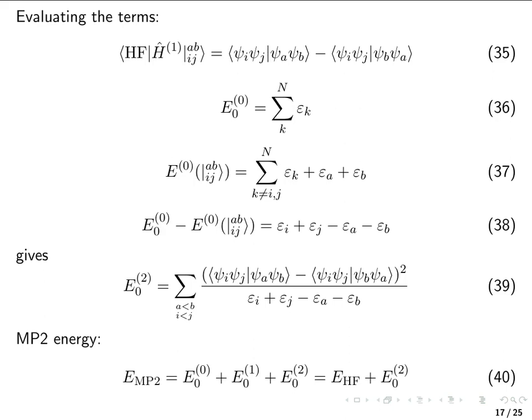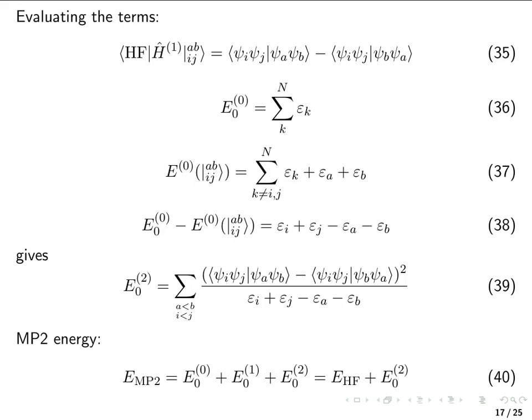And at the end, our expression for the second order energy correction in Møller-Plesset perturbation theory is the square of these Coulomb minus exchange two electron integrals divided by the difference of the orbital energies.